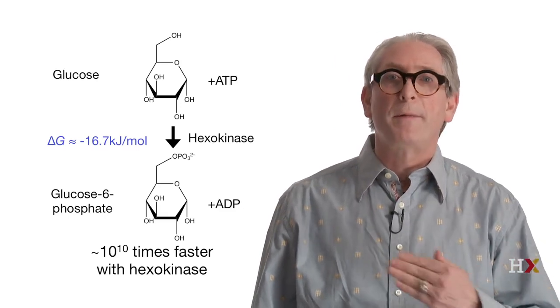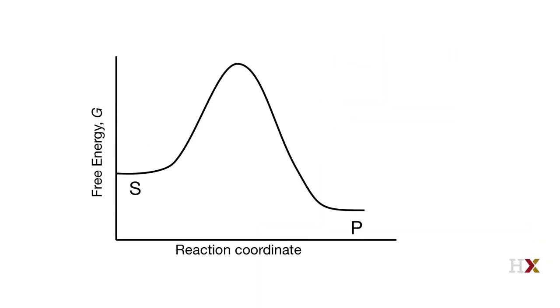Now, if we look again at the reaction coordinate graph, we have a spontaneous reaction because the free energy for the product is lower than the free energy for the substrate. Why do we need an enzyme if the reaction is spontaneous? Don't be fooled by the term spontaneous. It just means that you have a favorable reaction that proceeds from a high free energy state to a low free energy state.